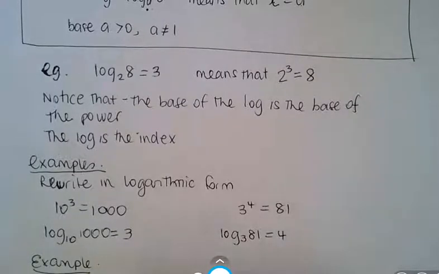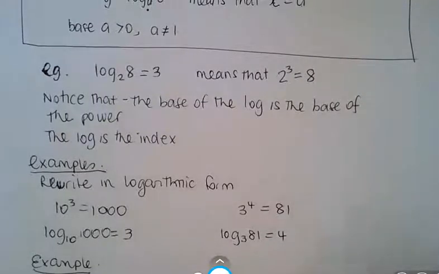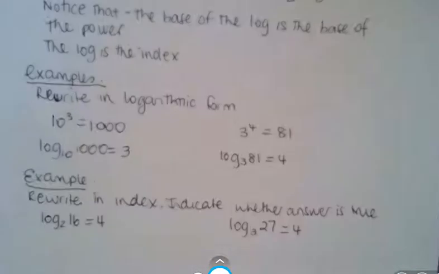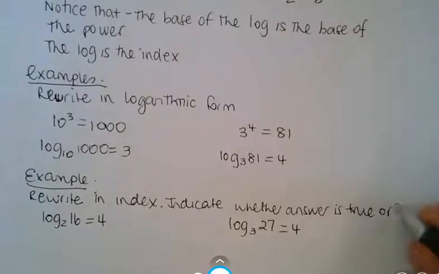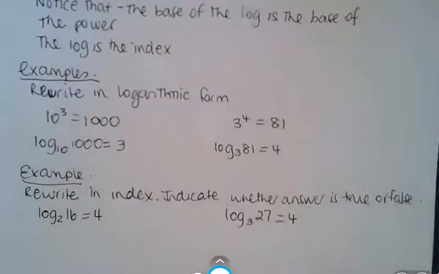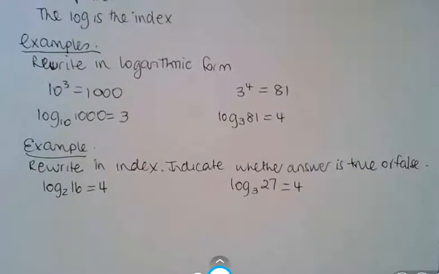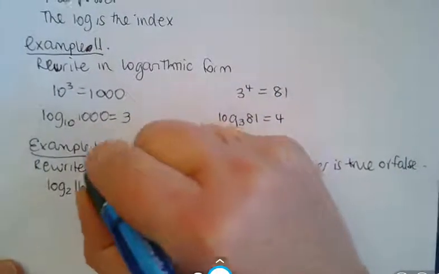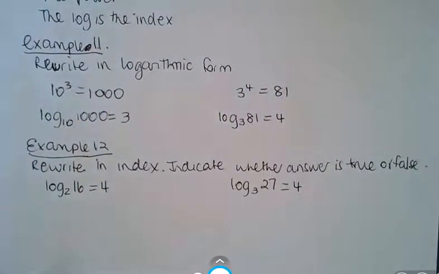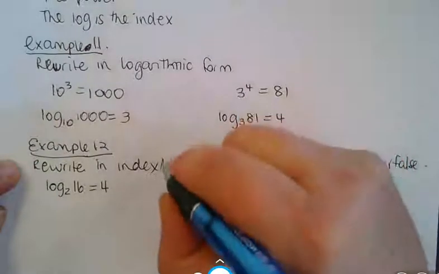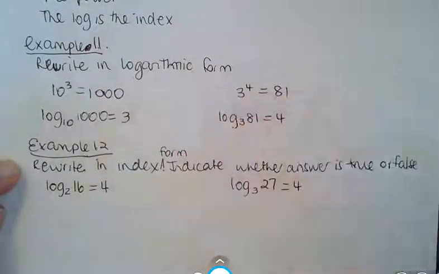Indicate whether the answer is true or false. That's example 11. This is example 12 in your textbook. Rewrite in index form and indicate whether the answer is true or false.